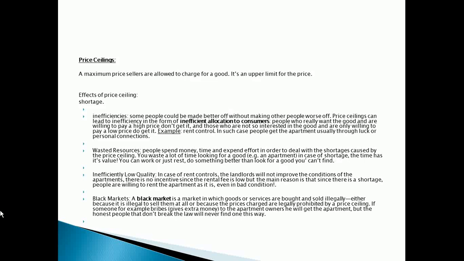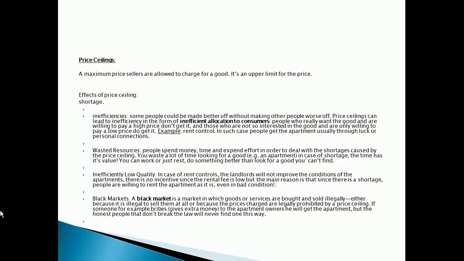Wasted resources. You see individuals scouting around looking for product, spending money, spending time, and using effort to ensure that they're able to obtain that product because of shortage. And sometimes when there is price ceiling, the product is inefficiently low in quality.